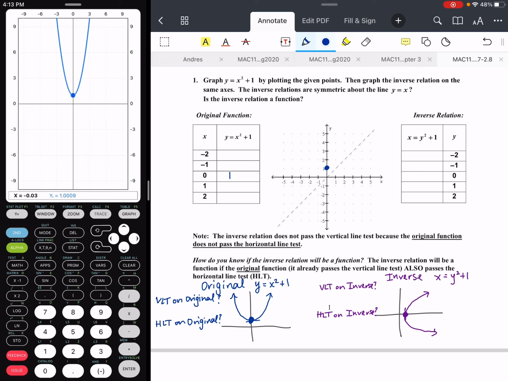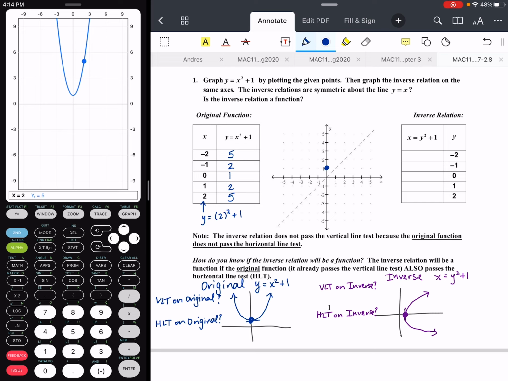Then using the trace function for the other prompted x values, if x is -2, we get a y value of 5. If x is -1, we get a y value of 2. If x is 1, we get a y value of 2. If x is 2, we get a y value of 5. That's just plugging the x values into the function. For example, for 2, y equals 2 squared plus 1, 4 plus 1, which gives us the 5.